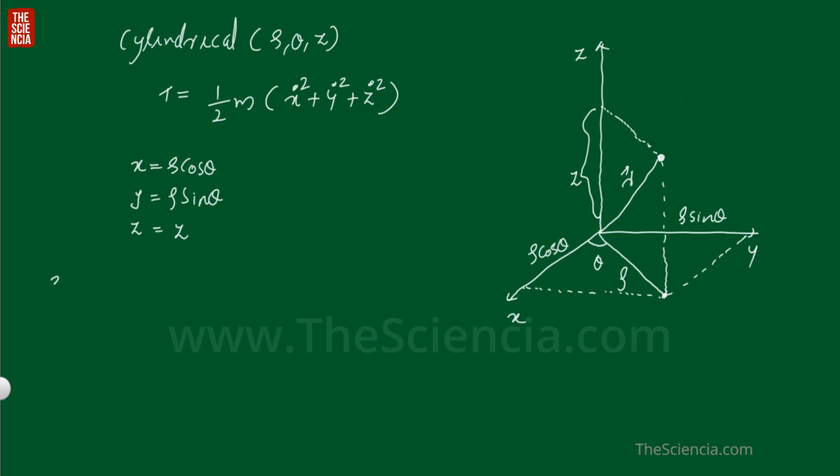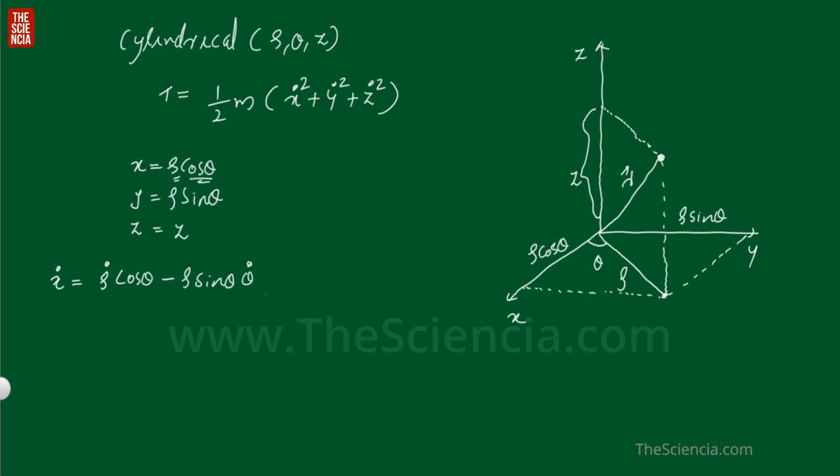So first I am taking x dot. You see here there are two components, one is rho and one is cos theta. So first I take the derivative of rho, then the derivative of cos theta. So rho dot cos theta minus rho sin theta theta dot.